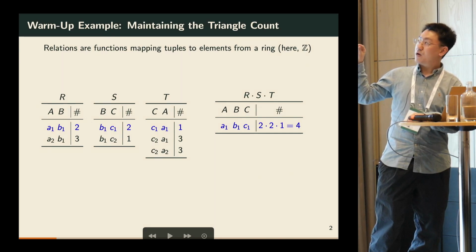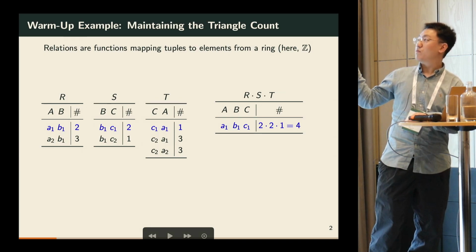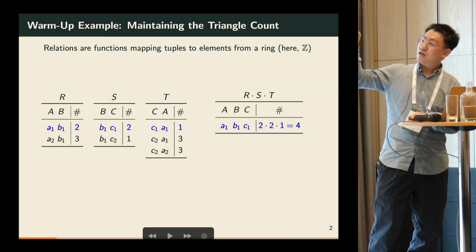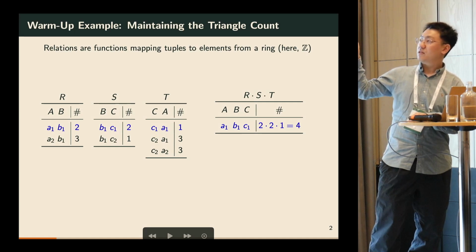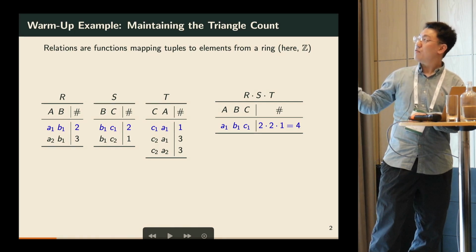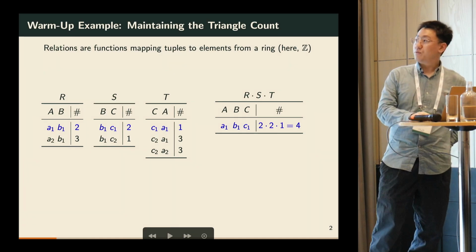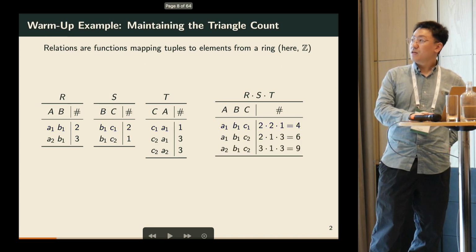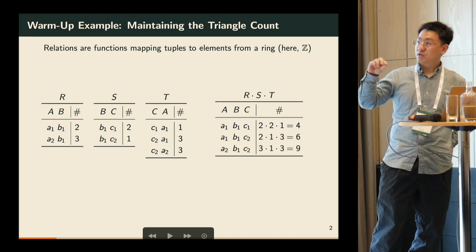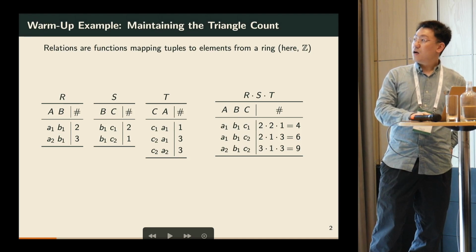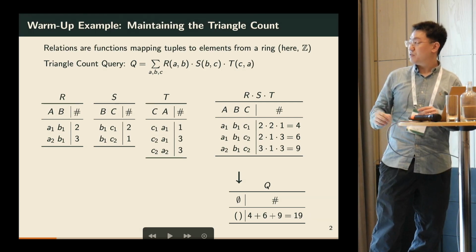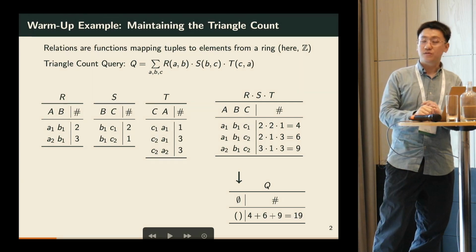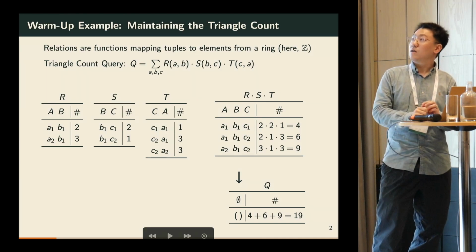And the number of triangles they contribute is 4, which is because there are 2 A1, B1 in R and 2 B1, C1 in S and 1 C1, A1 in T. So in total, there are 4 triangles contributed by these 3 tuples. Similarly, we can compute the triangles contributed by the other tuples. And in the end, we sum these counts together to get 19. There are in total 19 triangles in this database.